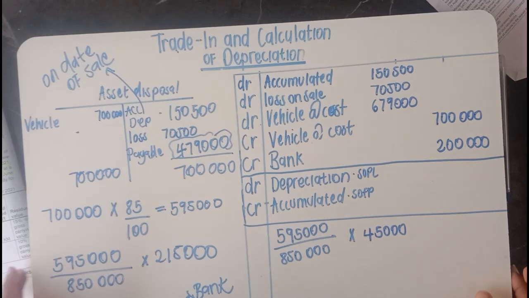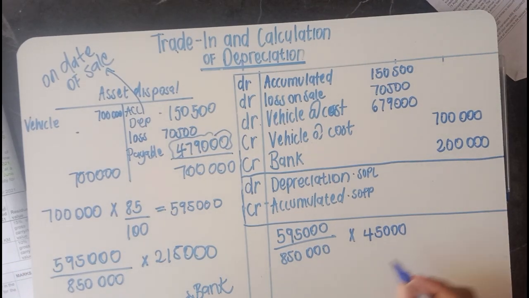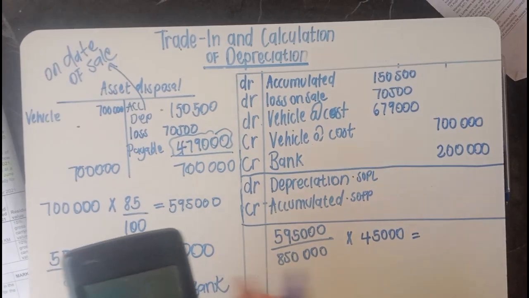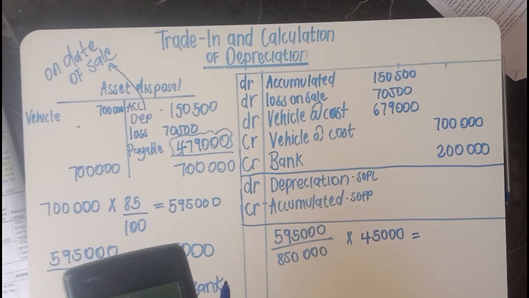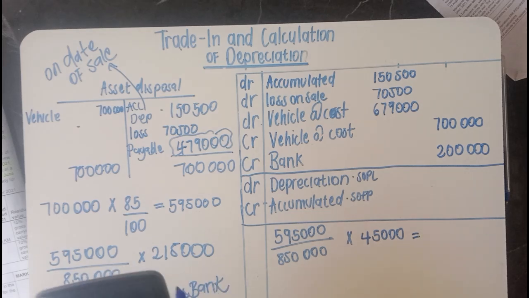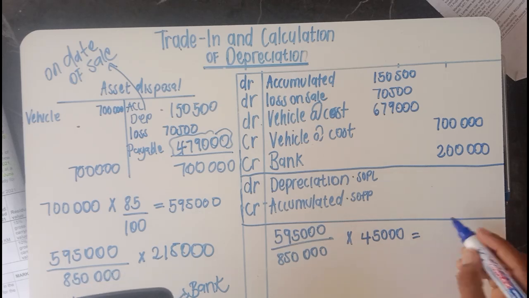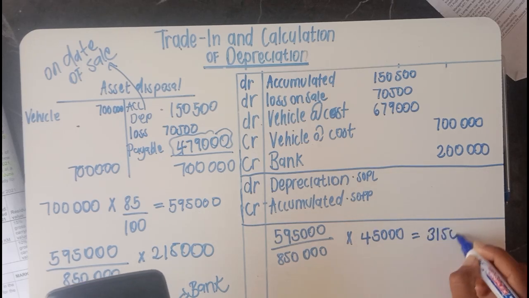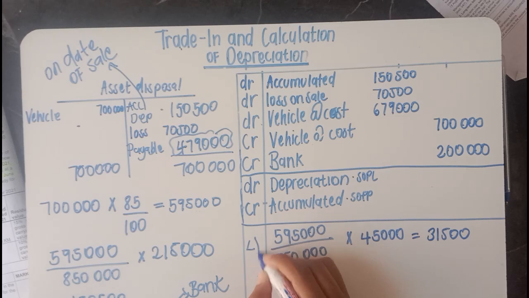Yes, 45,000. So now you're going to have 595 over 850, and you have 31,500. Now this is for the light vehicle, right? Now let's do it for the heavy vehicle.